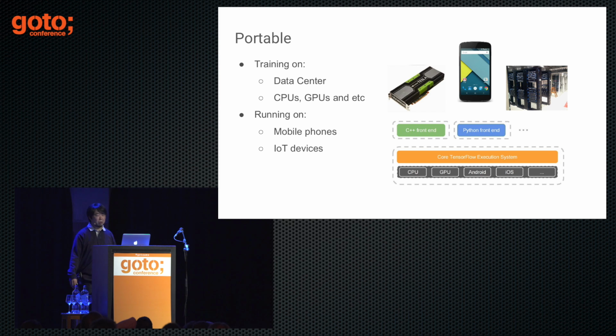Portability is another important aspect of the framework. Once you have defined your neural networks with TensorFlow Python code, you can start running your neural network training or prediction on your laptop, like a Mac or Windows laptop. But you will find that your laptop is too slow to train deeper neural networks.